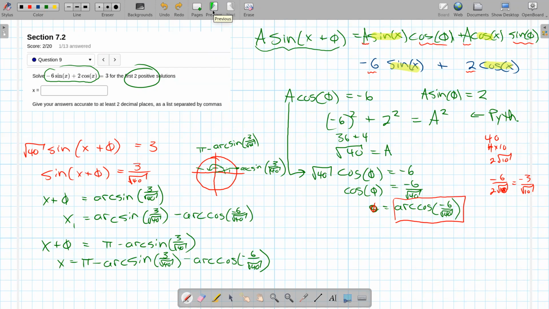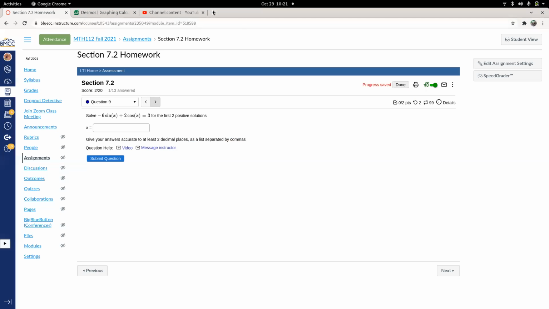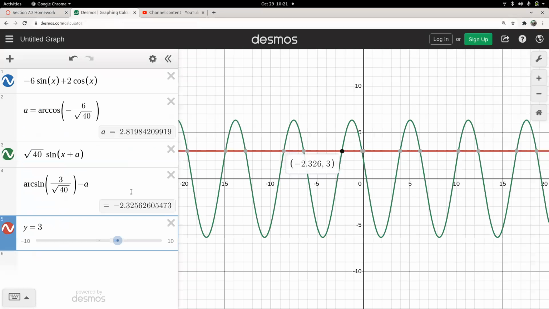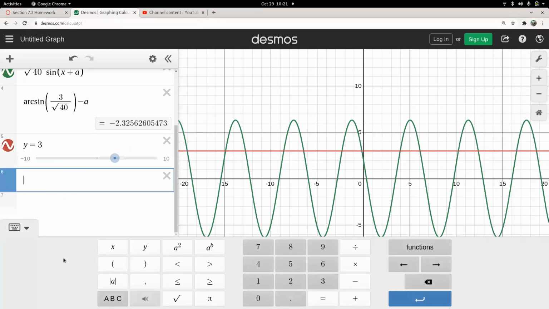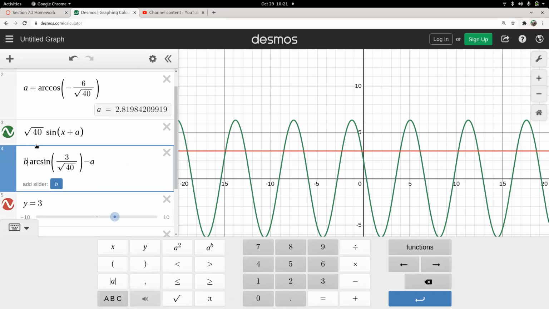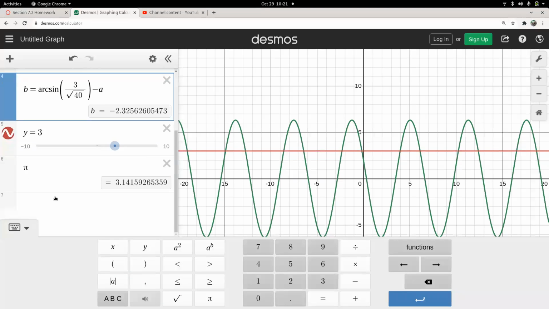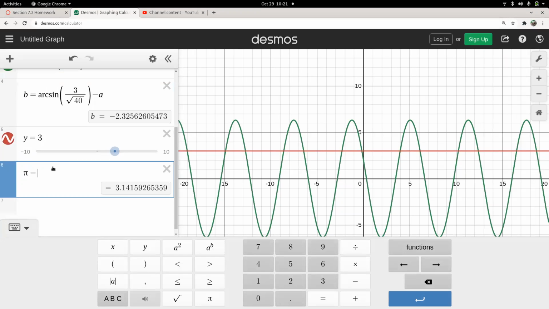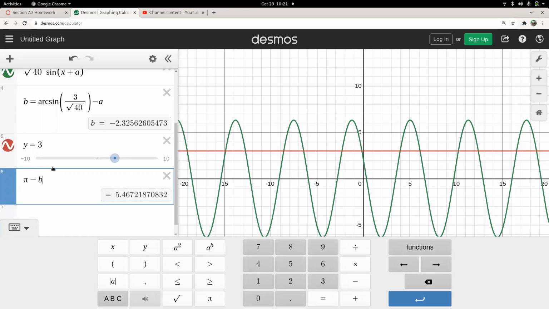So let's go back to the graph, figure out which ones we want. All right, so the other solution I thought I had was pi minus the first solution, which I didn't give a name. I guess we'll call that B. So pi minus B is 5.